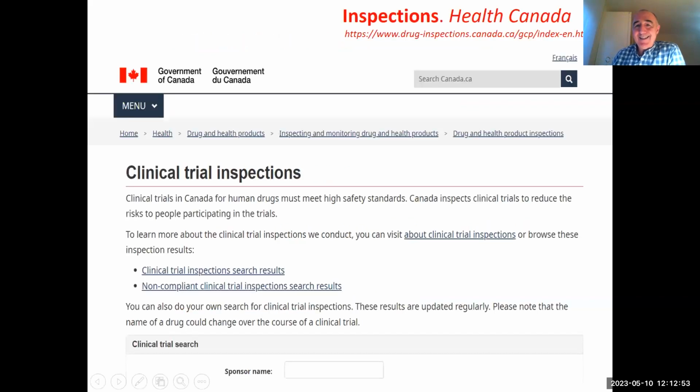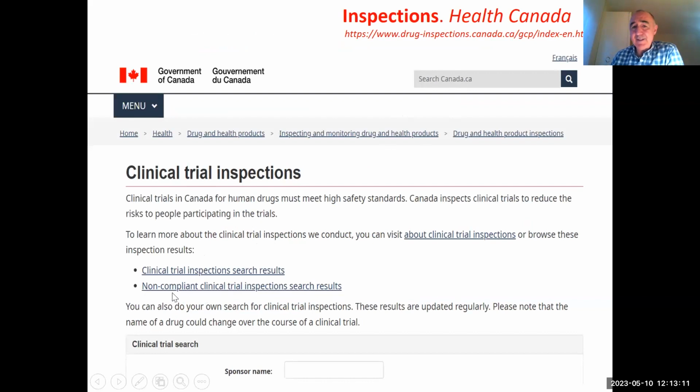This is the website of Health Canada, where you can find information about clinical trial inspections. You can go through non-compliant clinical trial inspections. You can go through the whole of it.